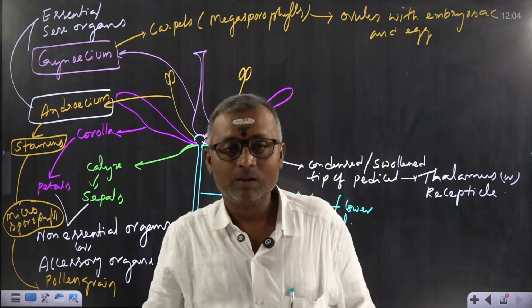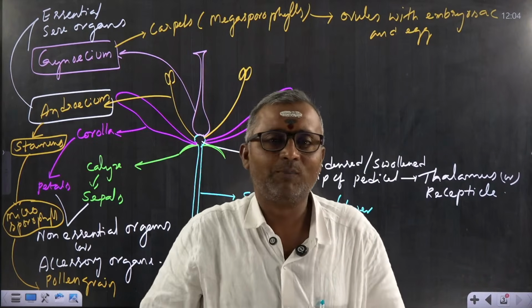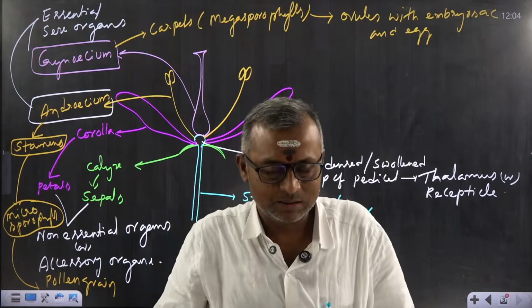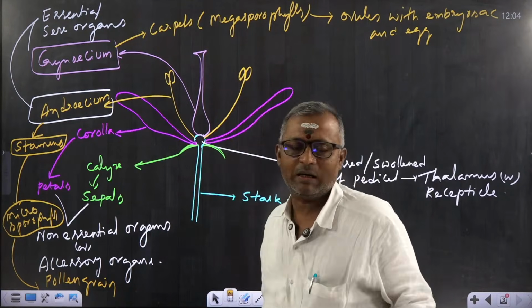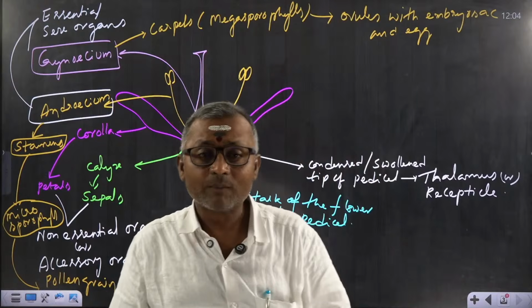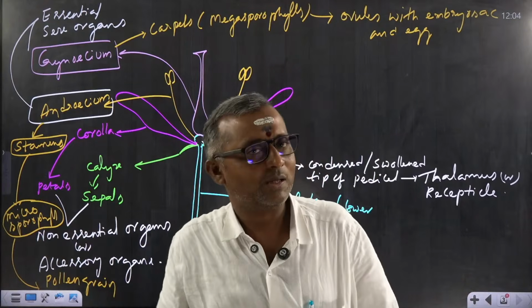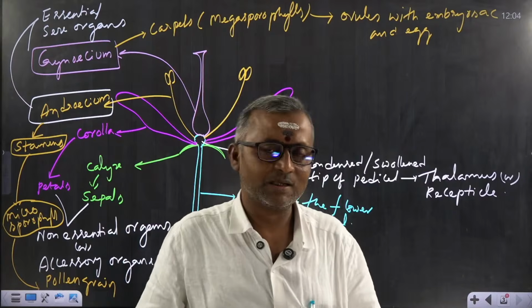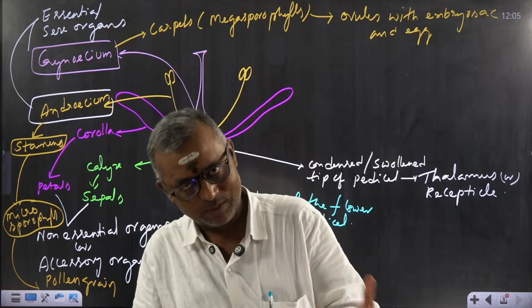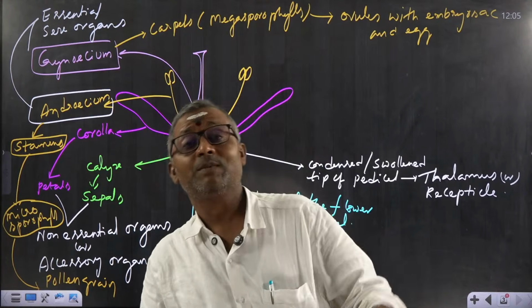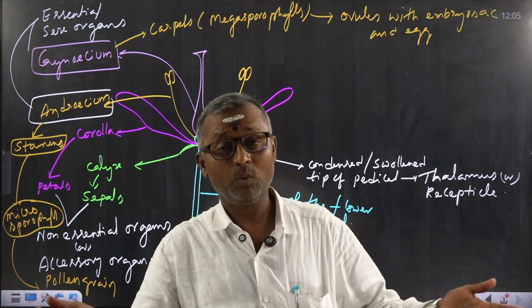Understood? And here we have to know another important thing: calyx is generally green in color, while corolla has multiple colors. In some flowers they may be yellow, red, white, blue or pink.